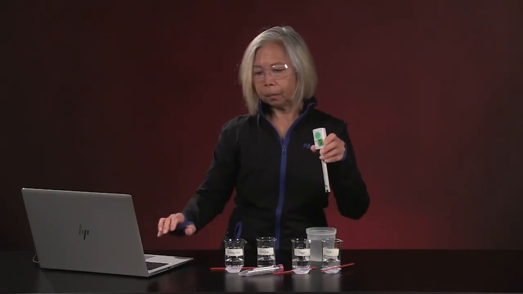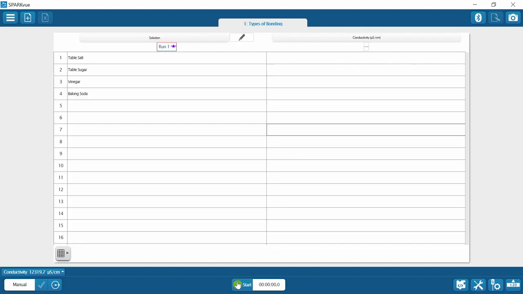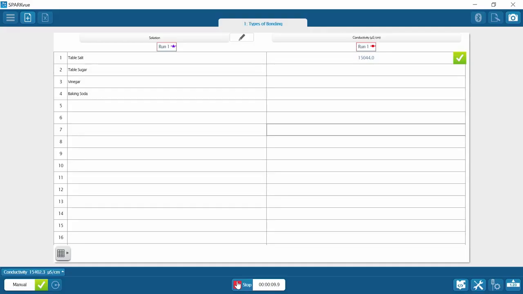Let's start with the table salt. I'm going to press the start button here. And that seems pretty much hovering around 14,000.